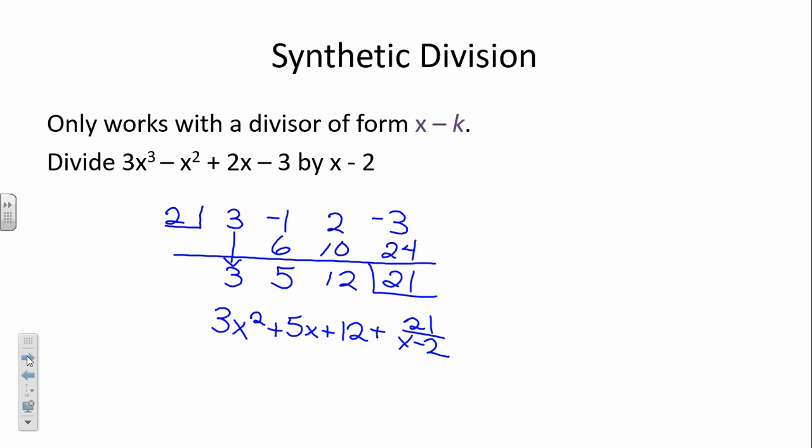And that's a whole lot less writing. Remember that? What questions do we have on this slide? Okay, I'll let you practice the next one.